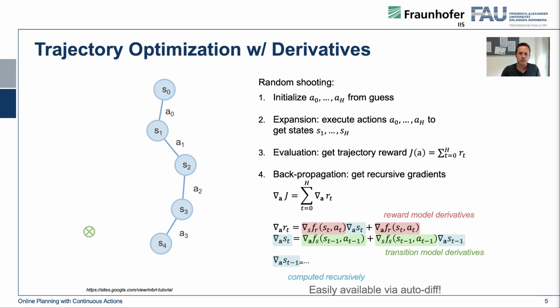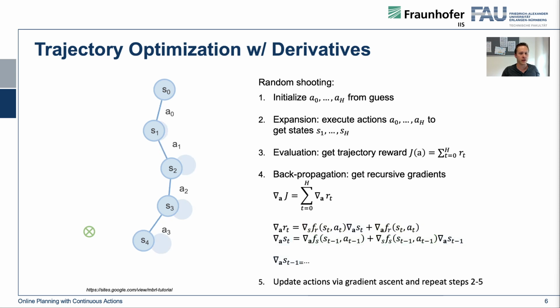So in other words, with the reward model and transition model derivatives with respect to the actions, we can update the actions with gradient descent. Another step is we can update our actions via gradient ascent and repeat steps 2 to 5 in order to move this action sequence a little bit towards the goal.